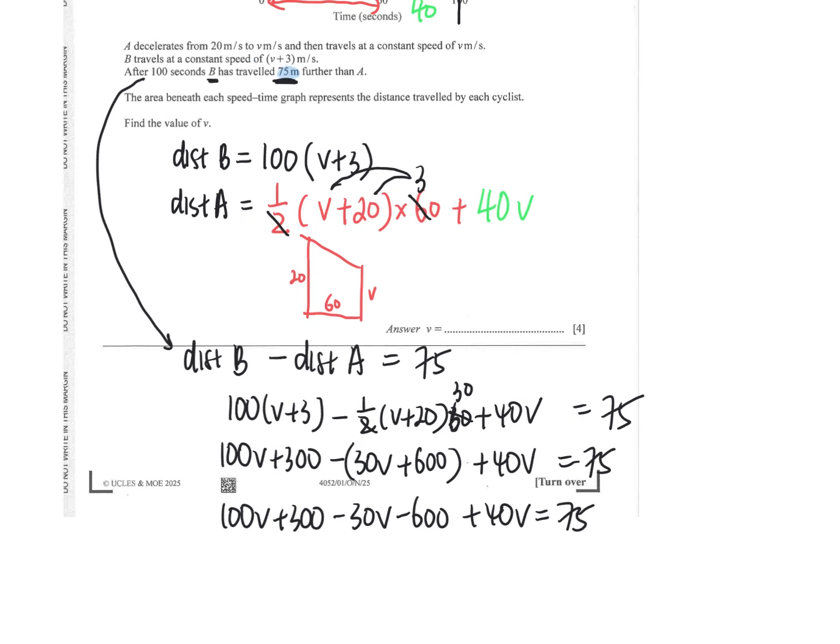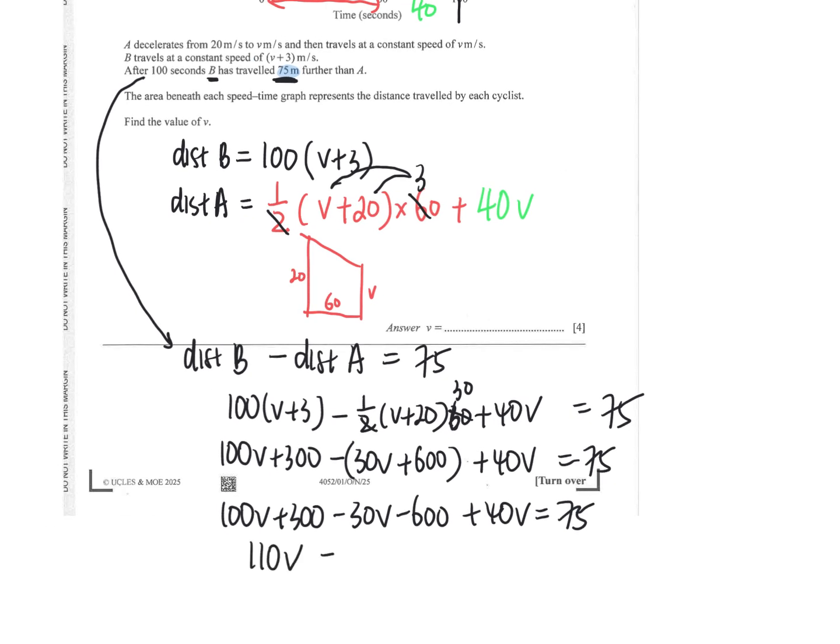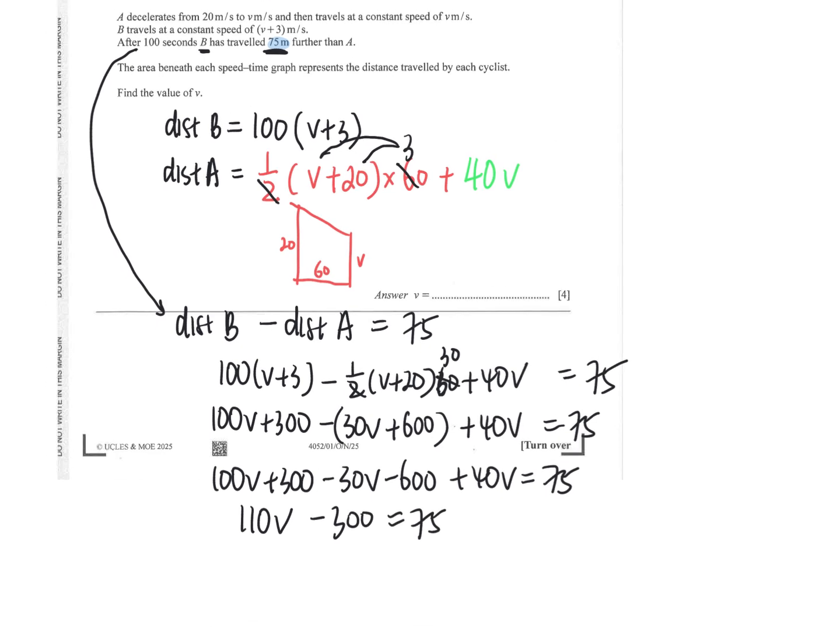I get 110V here. 75. So 110V is 375. V is 3.41. Is it so weird, the answer? Did I calculate wrongly? The answer got a bit wrong.